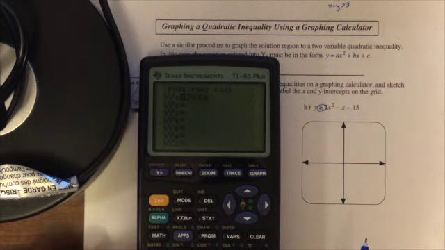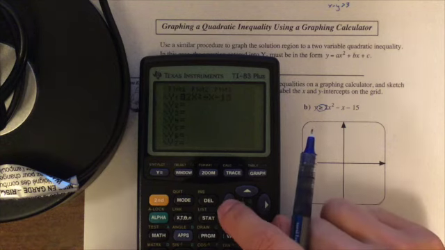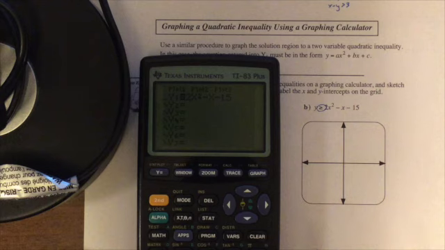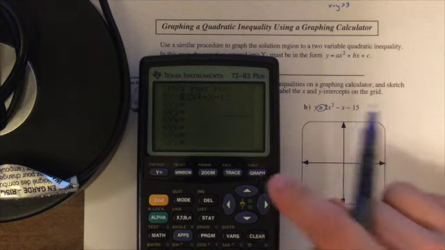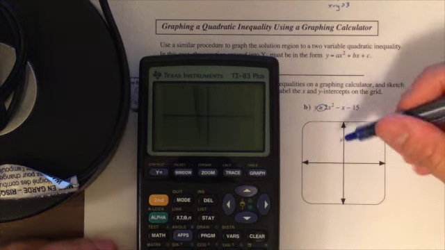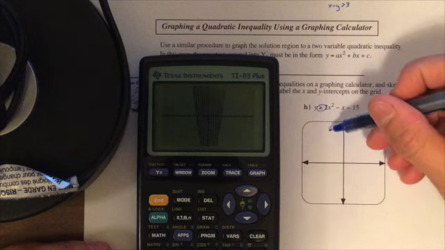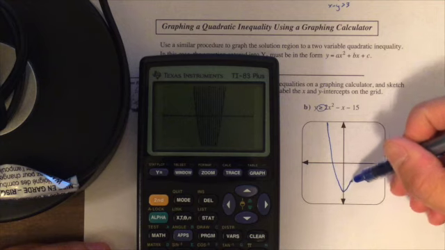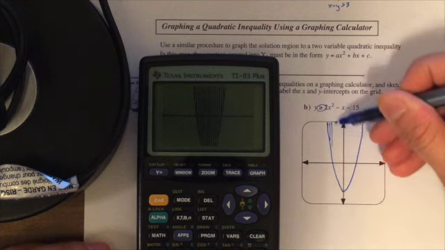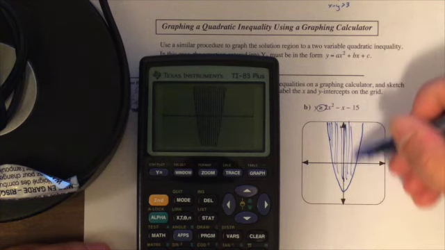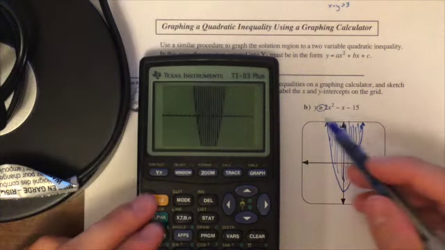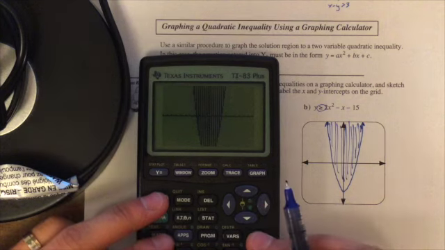Since it's y is greater than or equal to, I want the triangle that is on the top, like that. The parabola goes all the way down to minus 15, and I shade inside. We have a solid line because it's greater than or equal to.